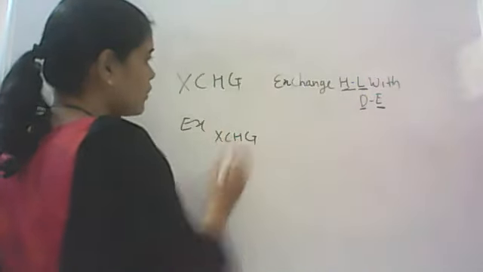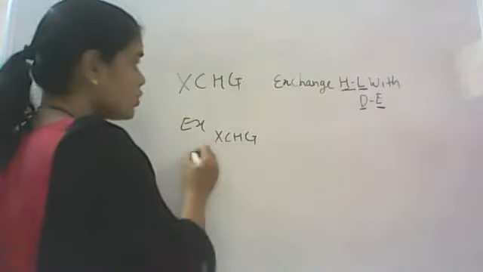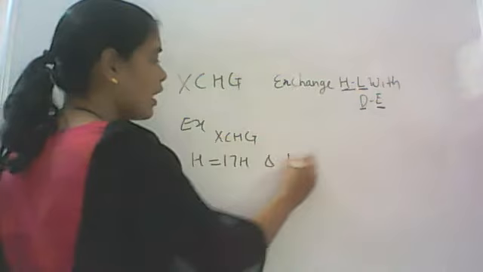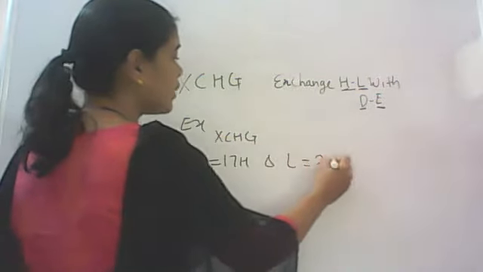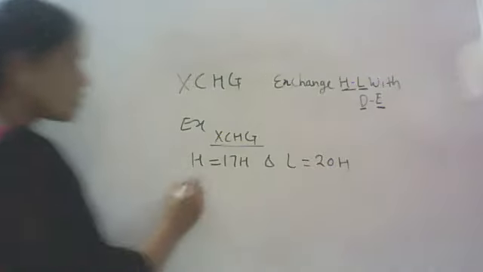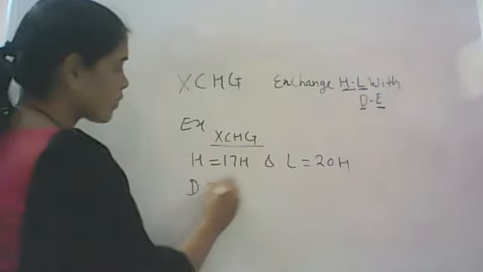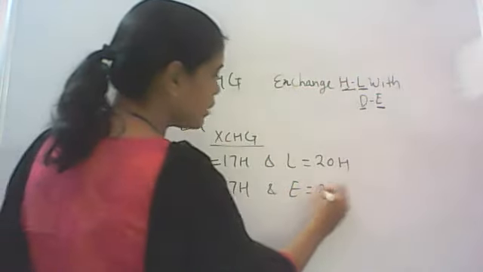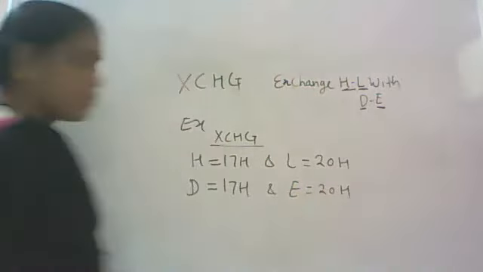Before execution, H contains 17 hex and L contains 20 hex.